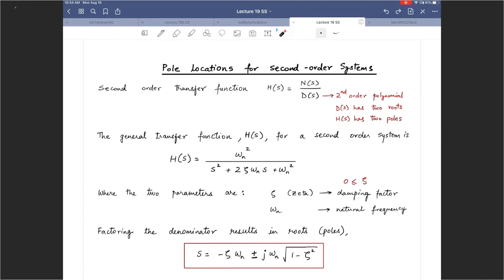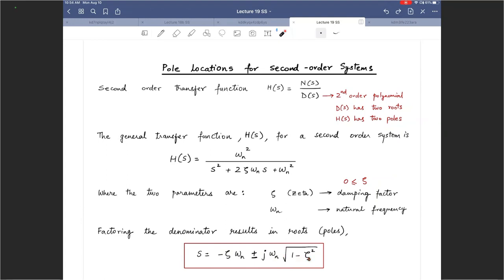Now, because we have a denominator polynomial written up, we can factor the denominator and find the roots of the denominator, which will essentially give us the two poles of the second order system. The two poles will be located at negative zeta omega n plus or minus, they are complex conjugate poles, j omega n square root of 1 minus zeta squared.